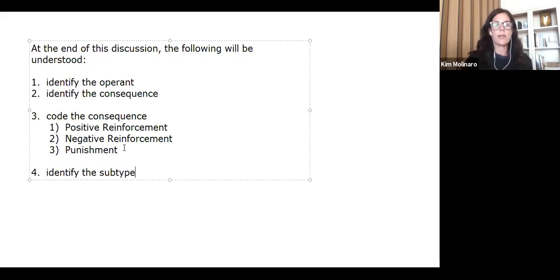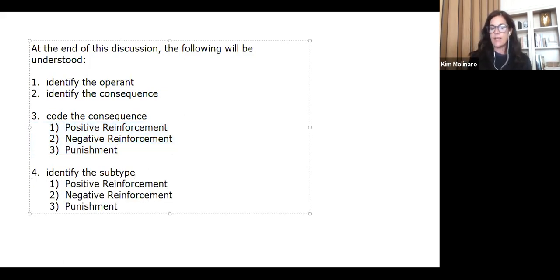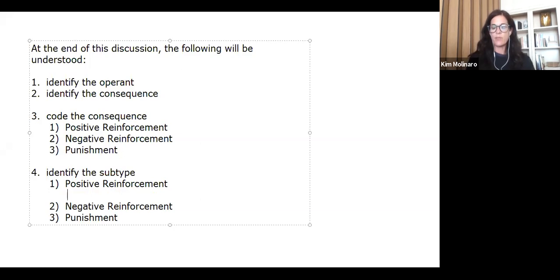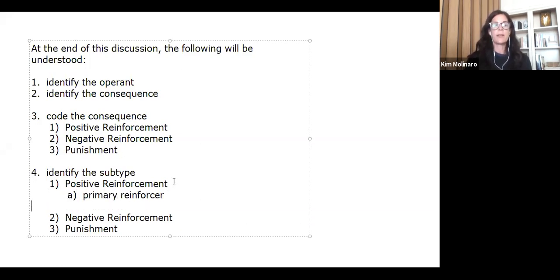Each consequence has a subtype. Positive reinforcement has two subtypes, primary reinforcer and secondary, also called conditioned or secondary conditioned reinforcer.